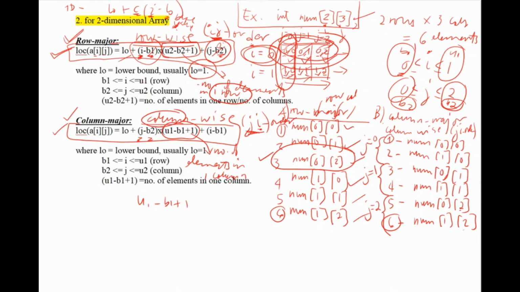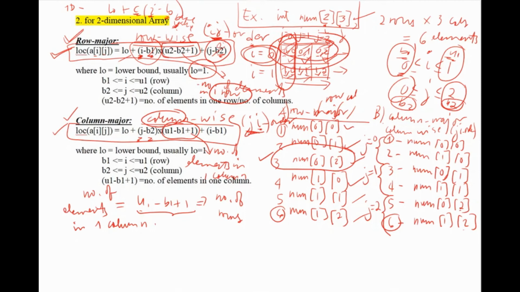So how do we get the number of rows? From these variables b1 and u1, which are the base and the upper value for our row index I. It would be the upper, which is u1, minus the base plus 1. So this mathematical expression here represents the number of rows, which also is equal to the number of elements in one column.